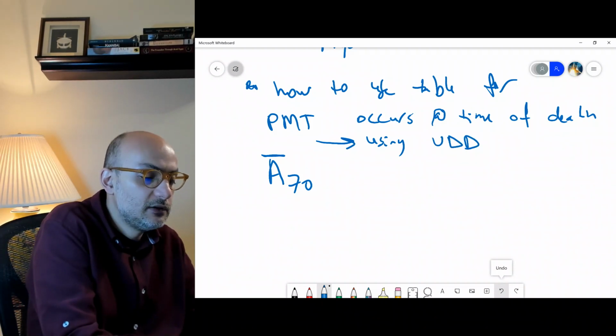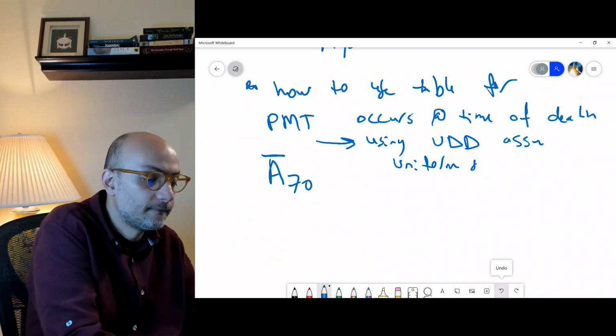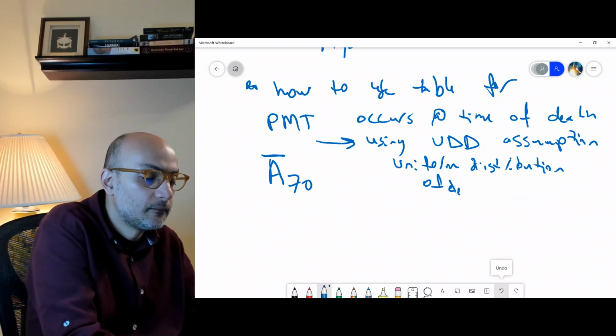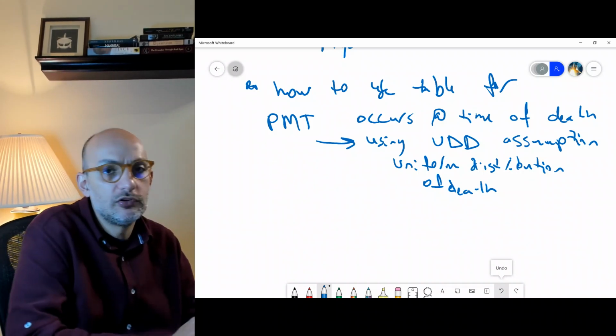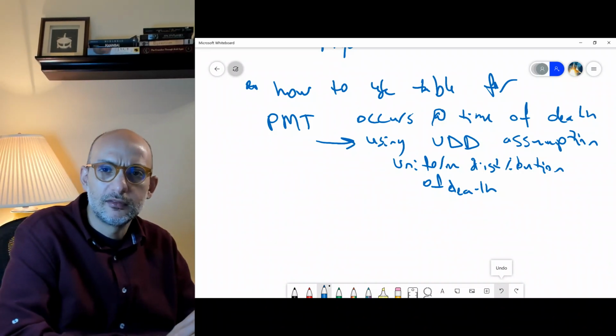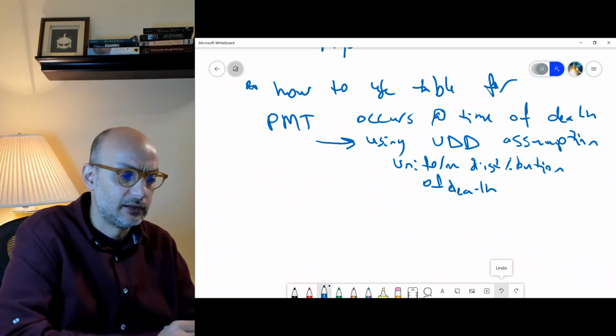What we mean by UDD is the uniform distribution of death assumption. We need to make sure that we're using the uniform distribution of death. It's very important. If it's not, there is no assumption, and you cannot calculate it this way.